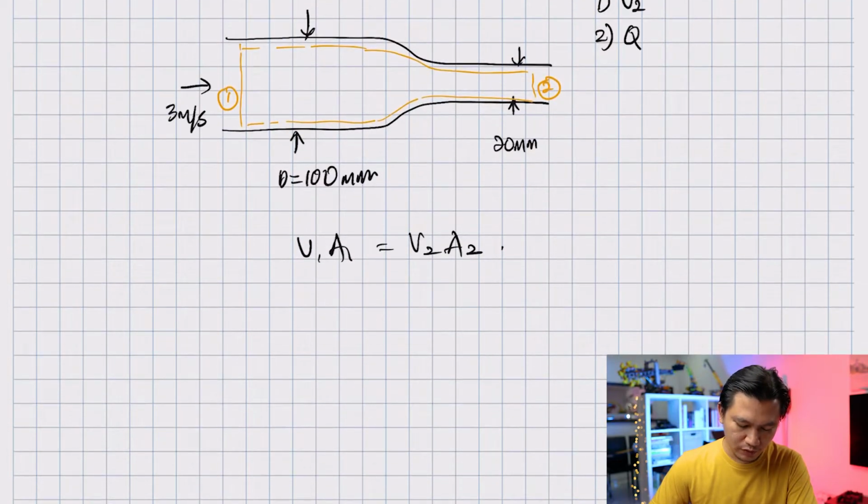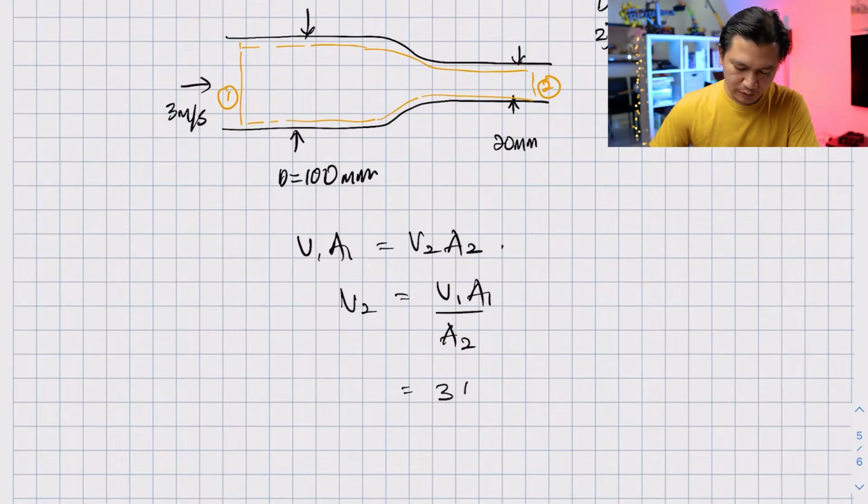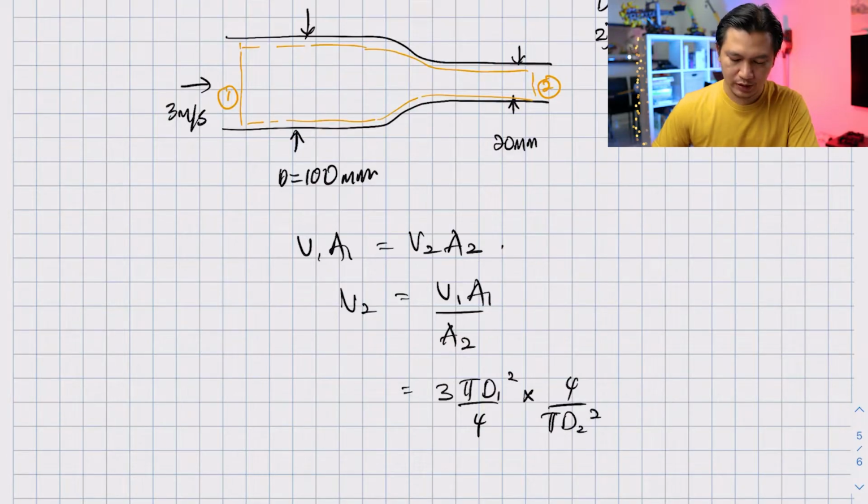Now you are looking for V2. This looks quite simple already, so this will be V1 A1 over A2. So V1 is 3 meters per second, A1 is pi D1 squared over 4, and divide by A2, so this will be times 4 over pi D2 squared. So we can cancel out 4 and also pi.